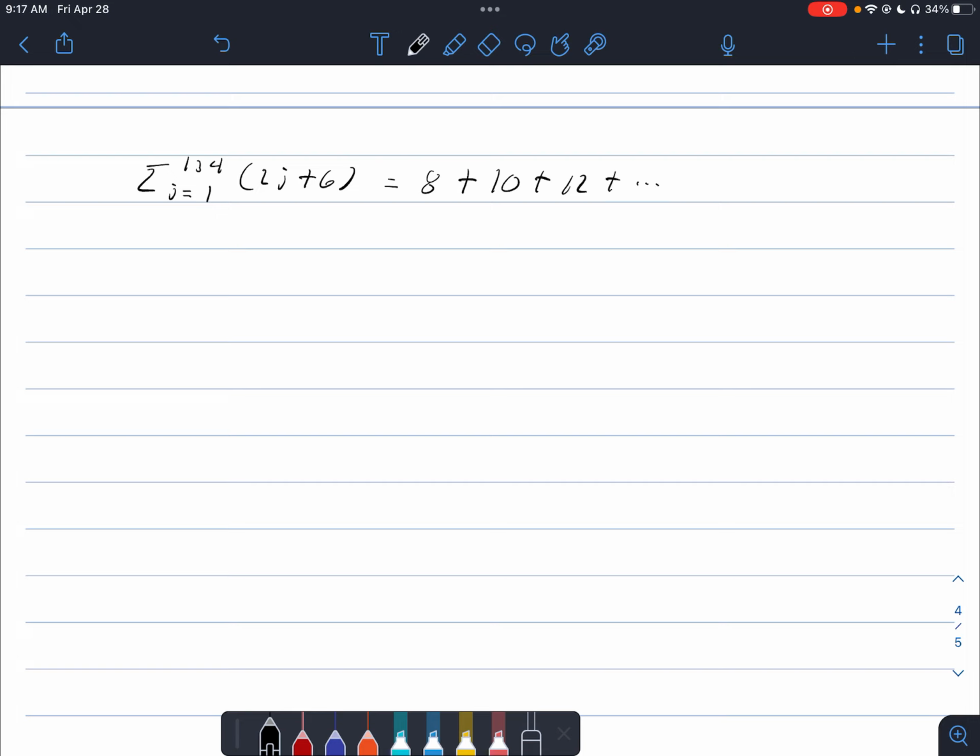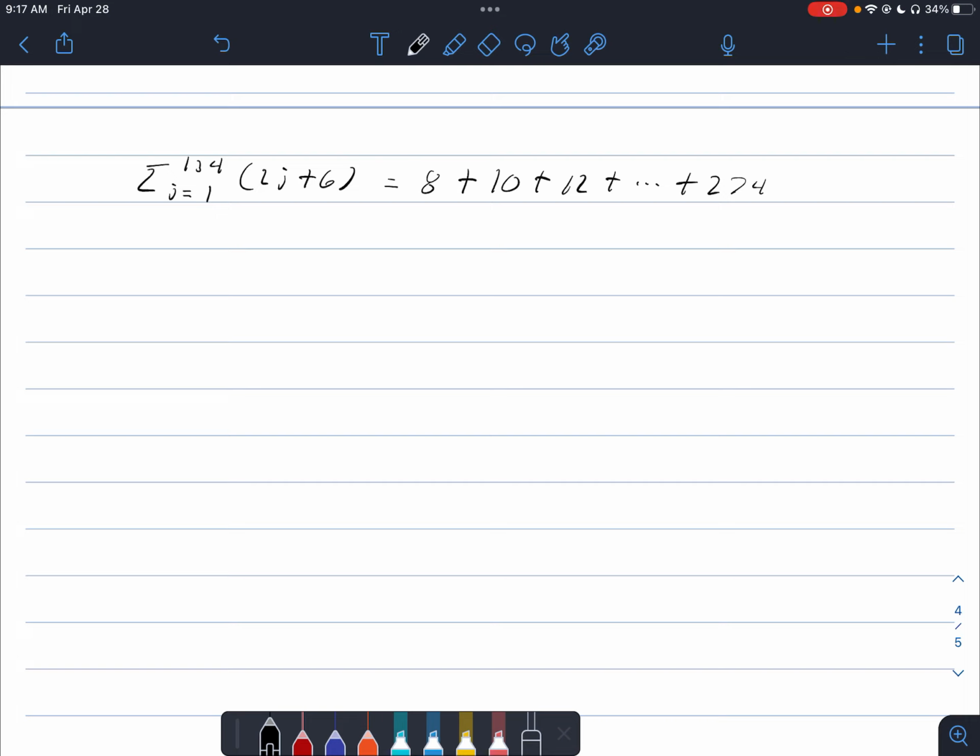And you go on until we plug in 134 for j. So 2 times 134 plus 6 is going to give us 274. So this sigma notation is really just shorthand for writing out this whole sum. These are both acceptable ways to do this.